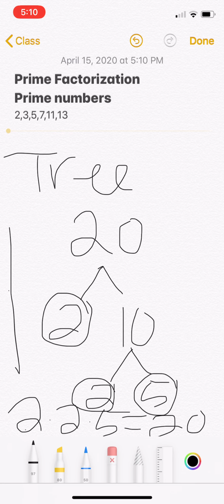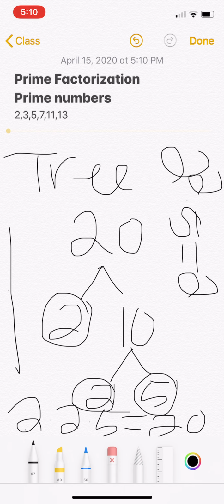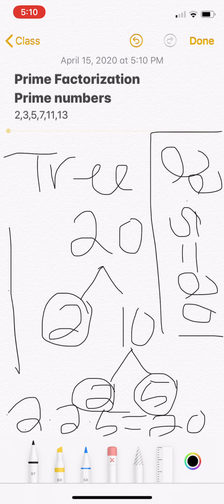Or you could also write that as 2 to the second because we have 2 2's, so 2 to the second times 5, which also gives you 20. So on the assignment, you could either give me 2 times 2 times 5 equals 20, or you can give me 2 to the second times 5 equals 20. What it does is it breaks down 20 only into prime numbers. All right, so that's the first method.